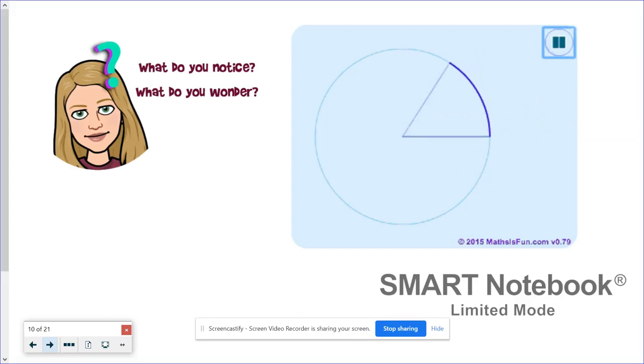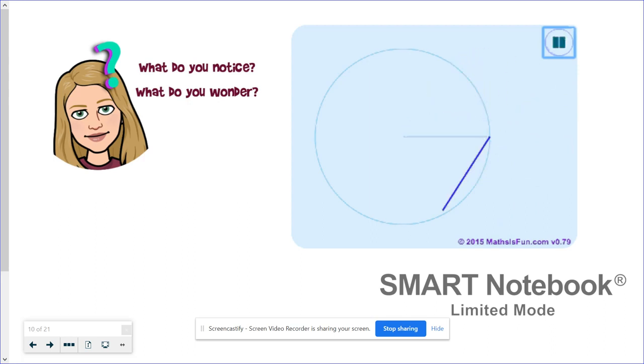What this GIF is illustrating is that 1 radian, that's the measure of that angle they're showing us, is equal to the length of the radius. So they are directly relating the angle measure to the radius.